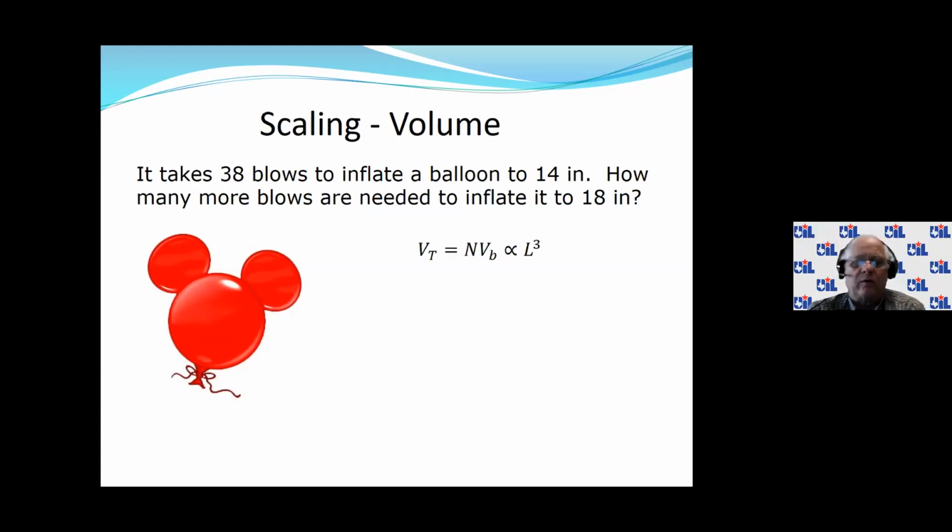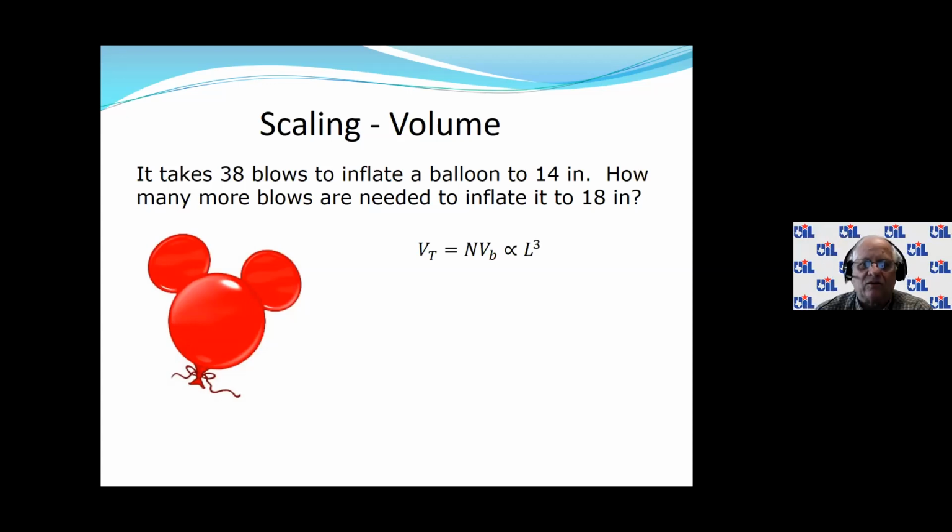Okay, so here's the way we do this. The total volume of the balloon is going to equal the number of blows times the volume of one blow. And because the volume is going to be proportional to any length dimension on the balloon, that's how I get my 14 and 18 inches.